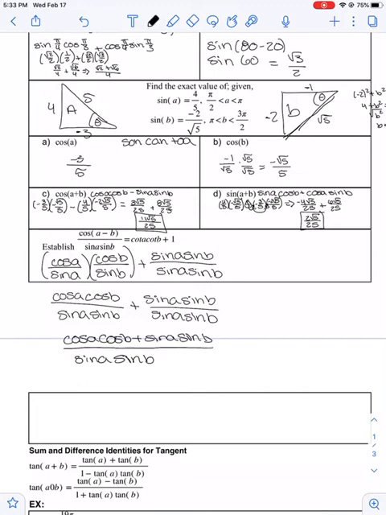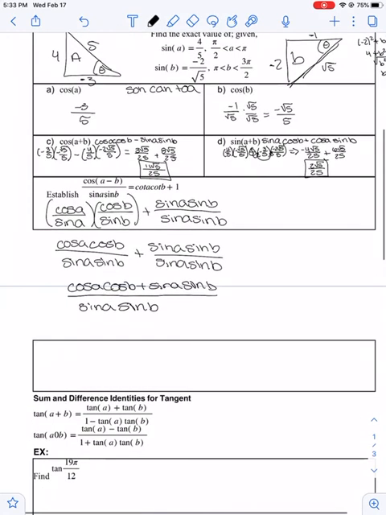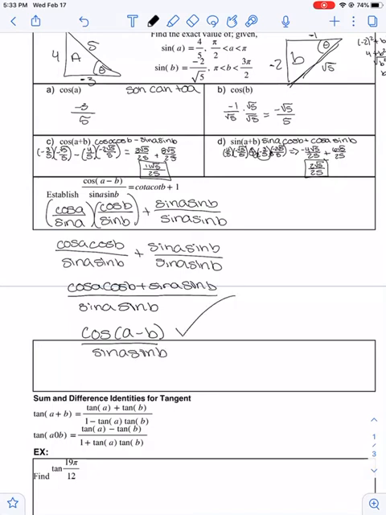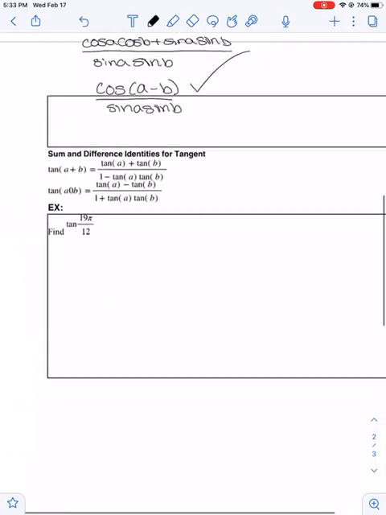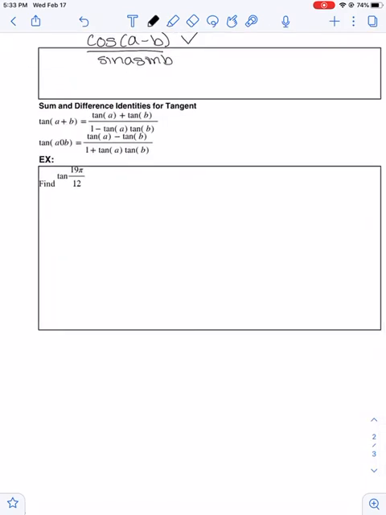All right, let's see if you got it. It should be the cosine of A minus B over sine A sine B. And there we go. It matches the left side.